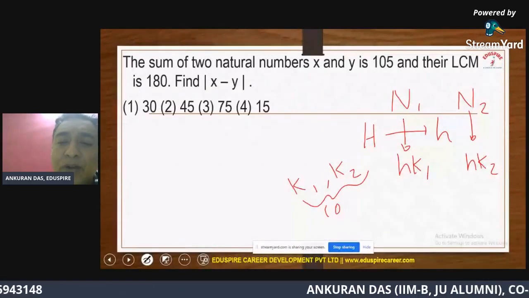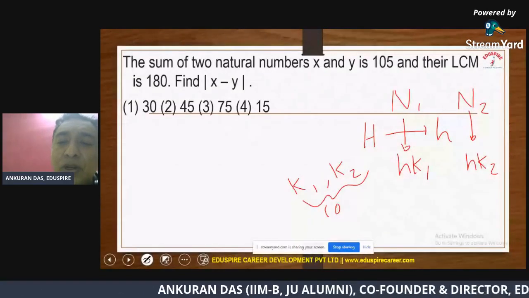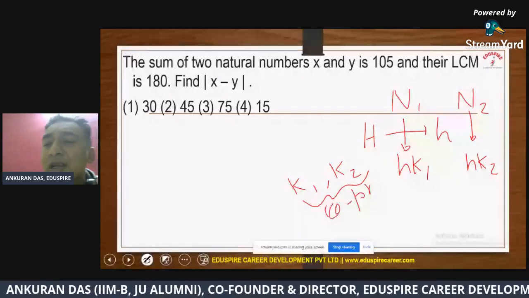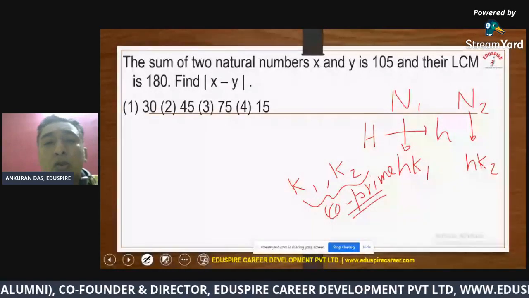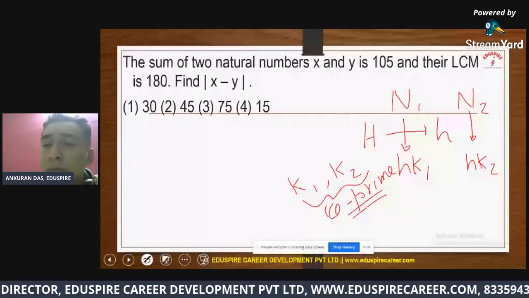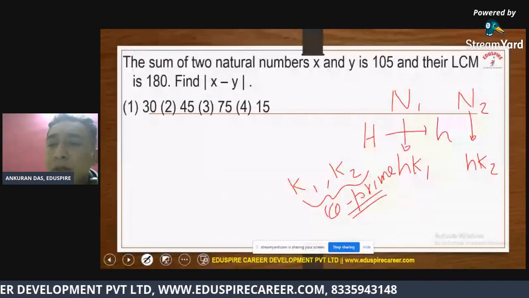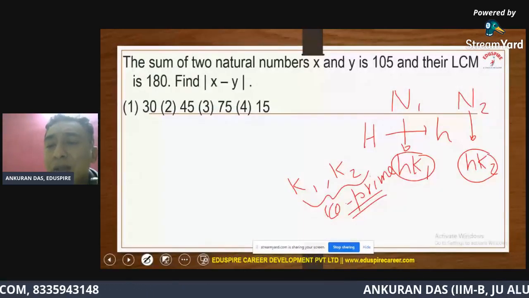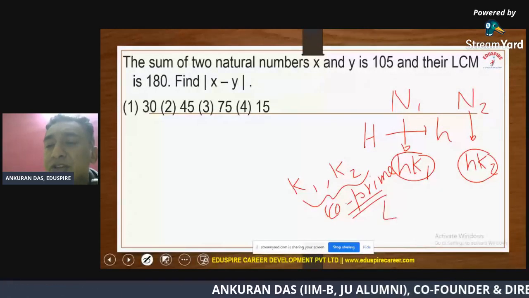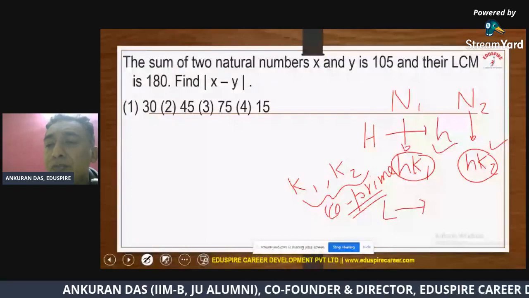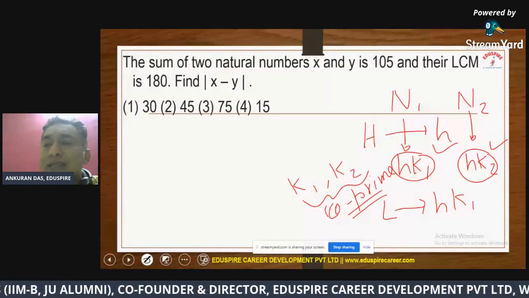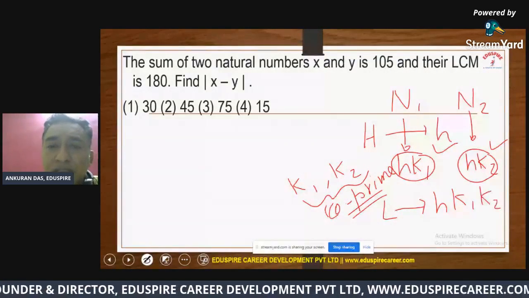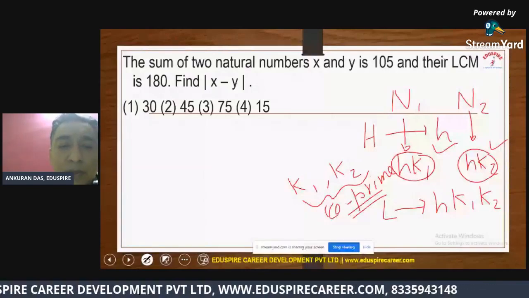Now what is co-prime? Co-prime means a pair of numbers which have no common factor other than 1, and those kind of numbers are called co-prime. Not only that, the LCM of these two numbers will be written as H times K1 into K2. All right, so that is a basic property which we will use to solve this sum.